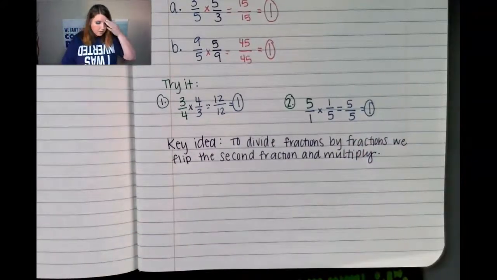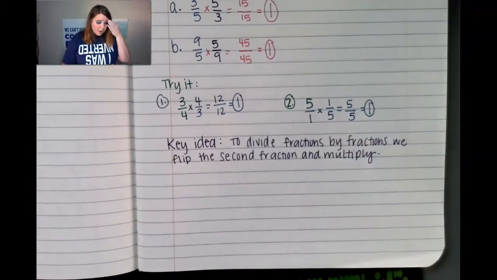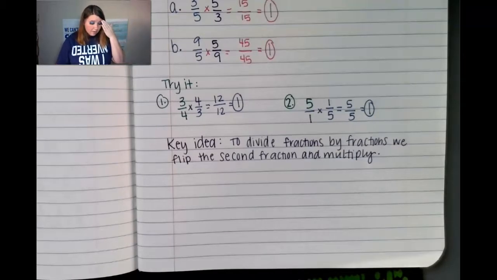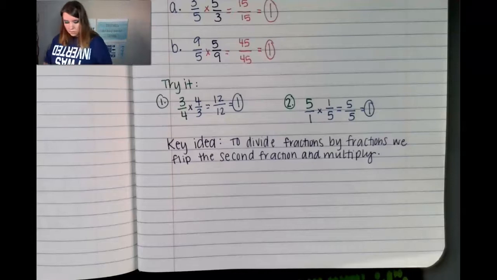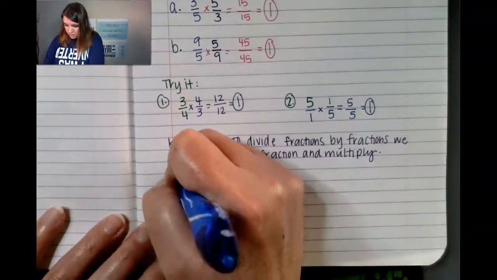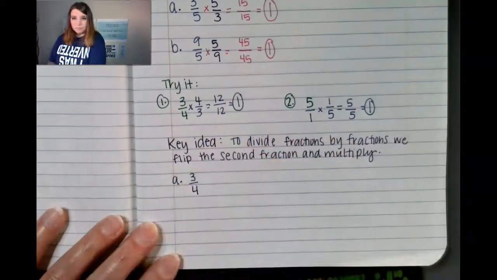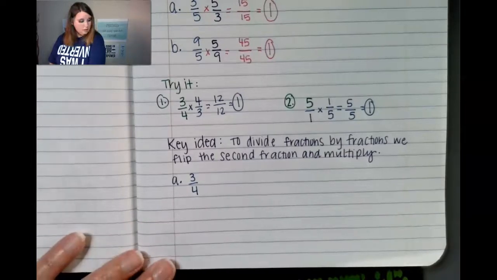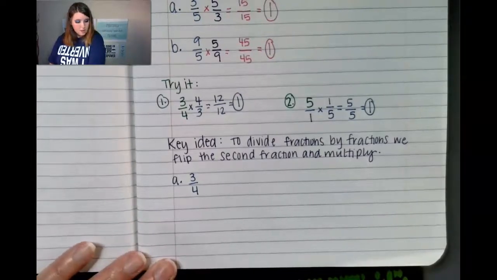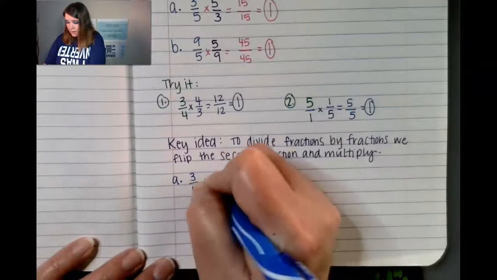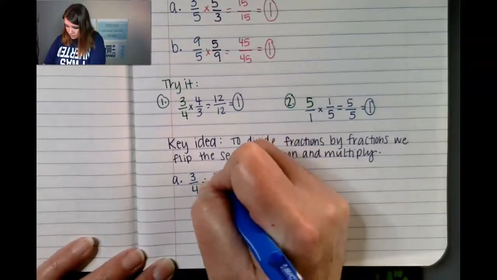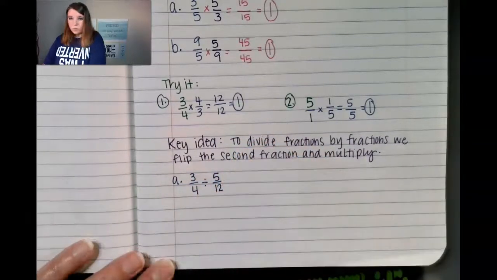All right, so we are going to see how exactly this now works. So we're going to have another example. Let's check this guy out. All right, so we're going to have 3/4, and I want to divide it by 5/12.